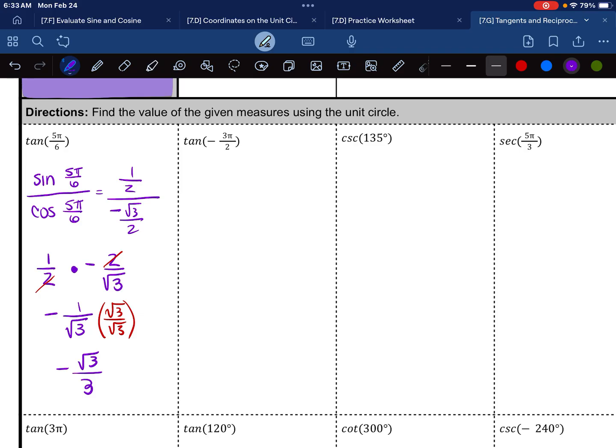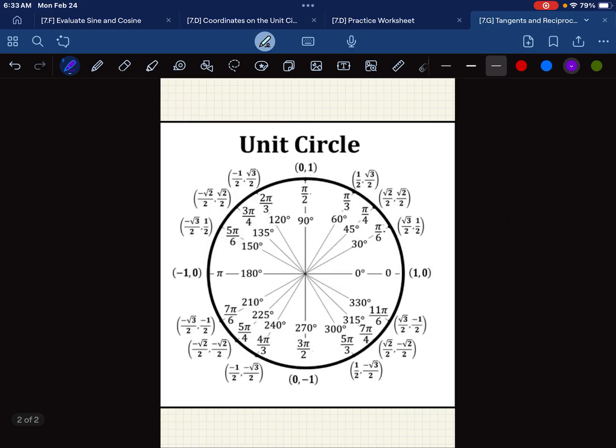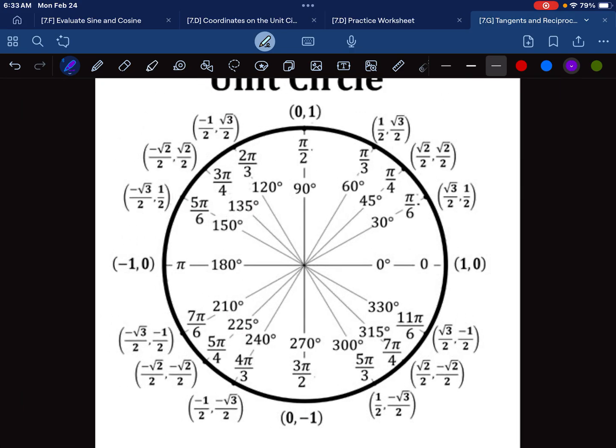All right. So now let's talk about the tangent of negative 3 pi over 2. It's all the same thing, okay? So I'm going to find the sine of negative 3 pi over 2, and I'm going to divide it by the cosine of negative 3 pi over 2. So when I find those two values, negative 3 pi over 2 is actually kind of hard for us to find because we don't know what that angle measure is.